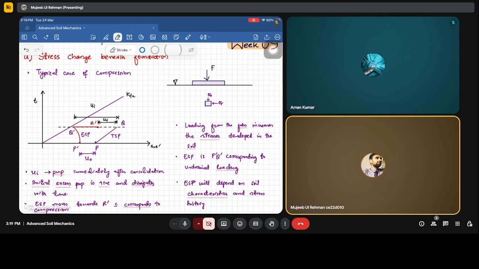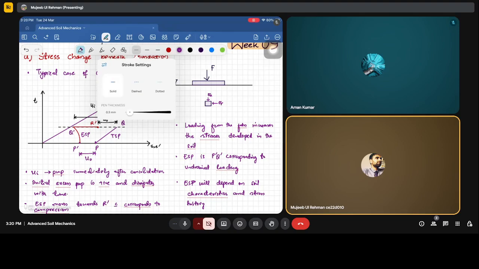Now you can see how the ESP is varying due to the loading. At each point of time, for example here, you can see if I draw a line here. Let's assume this was the ESP if we had done the drained test starting from P dash.